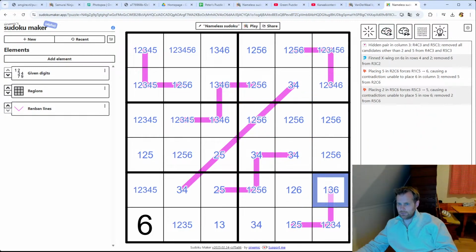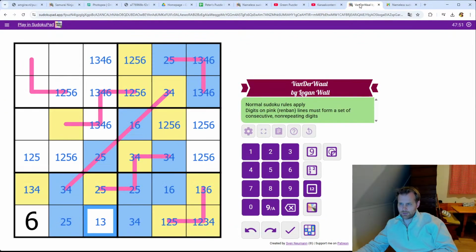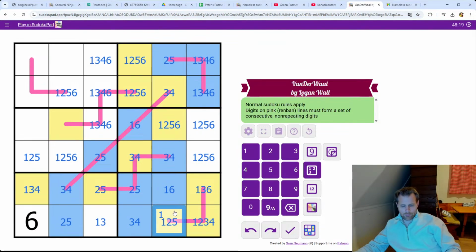Man, what is going on here? Well, then it's just bifurcating.